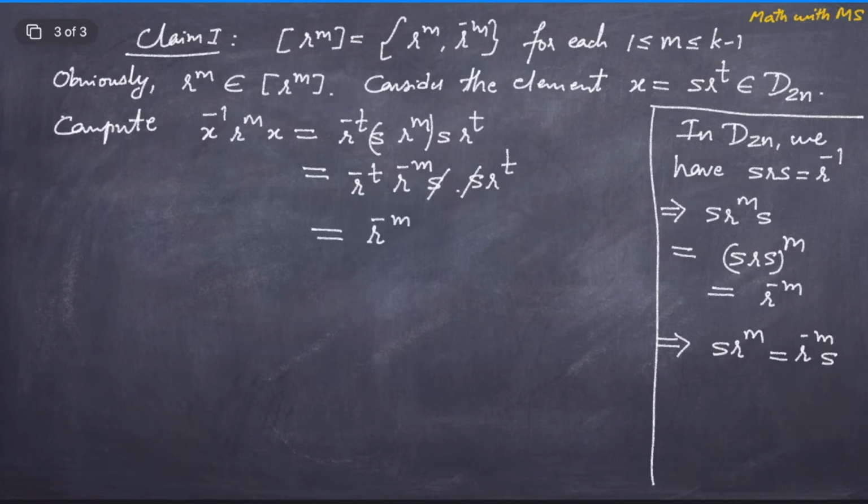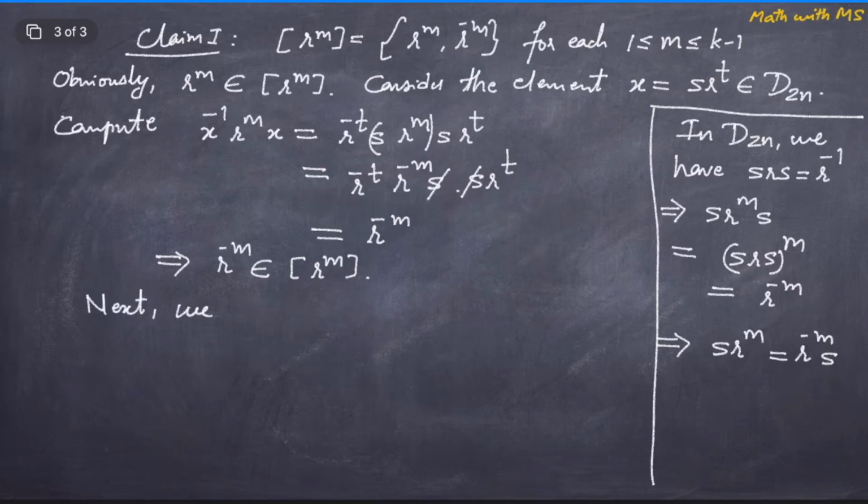We have shown that r^(-m) is a conjugate of r^m. This implies that r^(-m) is also an element of the conjugacy class of r^m. So we have shown that the right hand side is contained in the left hand side.